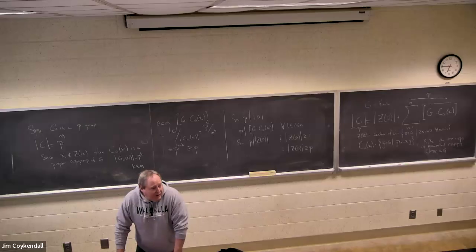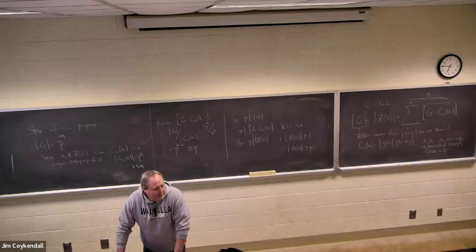It can't be 0 because it's got at least 1 element. So if it's divisible by p, it's got to have at least p elements in it. And so that's the conclusion we come to, that it's got a non-trivial center, because the center of a p-group has to have at least p elements in it. Does that make sense?